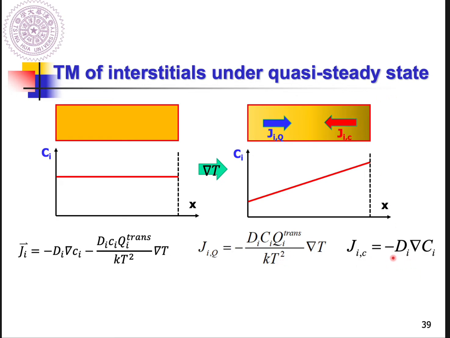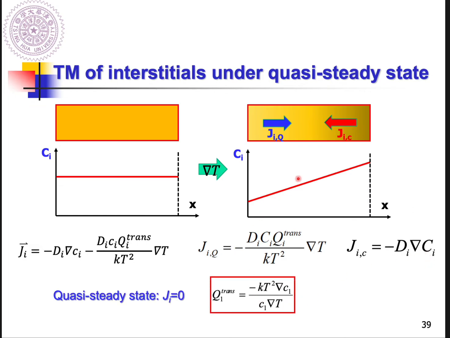So the value will be minus diffusivity times concentration gradient, trying to balance it. As long as the magnitudes of these two atomic fluxes are the same, it can reach what we call the quasi steady state, and J_i equals 0.